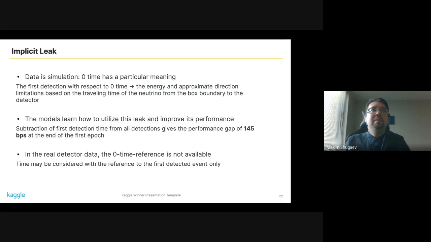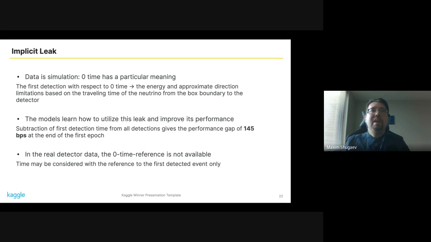So the time of the first detection with respect to zero may give additional information, such as approximate limitations of the track direction based on the traveling time from the boundary box to the detector. So the model can utilize this leak and get better results.